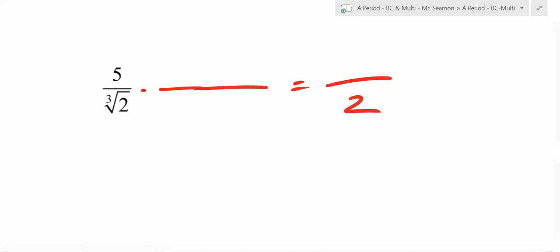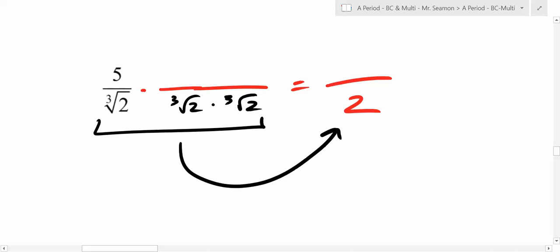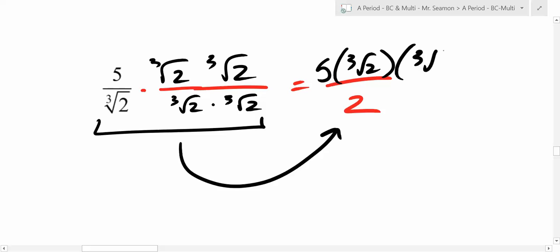So you're going to multiply by the cube root of 2 and the cube root of 2, because what is 3 of them multiplied together? 2. But if you multiply by the cube root of 2 and the cube root of 2 in the denominator, what do you need to multiply by on the top? The same exact thing. So you end up with 5 cube root of 2 cube root of 2.